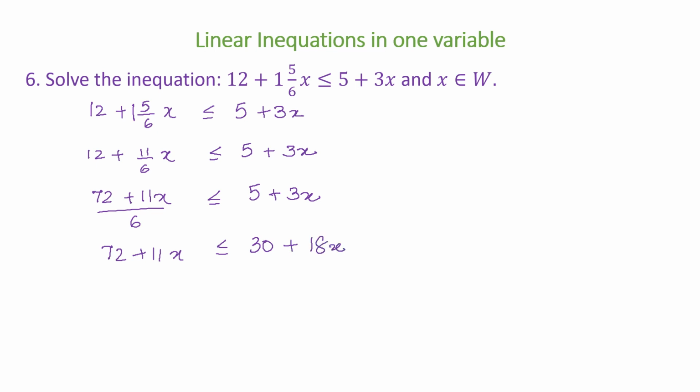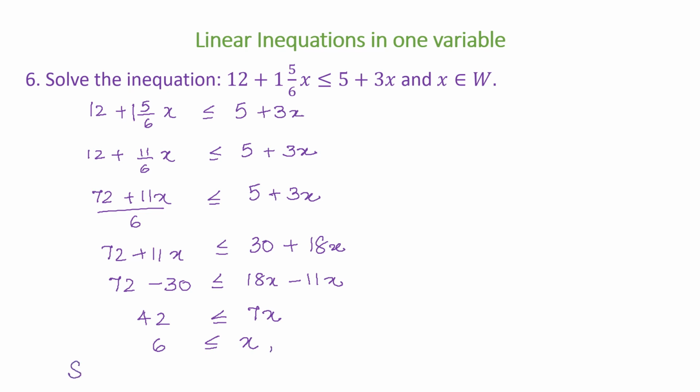I will shift the 11x to the right hand side and bring the 30 to the left hand side. So that will give me 72 minus 30 is less than or equal to 18x minus 11x. So I will get 42 is less than or equal to 7x. And that will give me 6 is less than or equal to x.